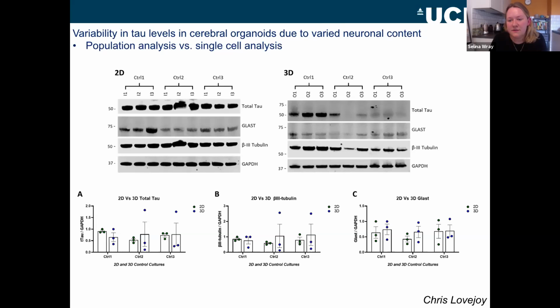And the reason for that is because in the organoids, they're really undergoing this permissive differentiation. So we're not giving them small molecule inhibitors in the same way that we do in 2D. And that leads to some variability in neuronal content, which when we're looking at the bulk population level, like we are on Western blot, has proved somewhat challenging for us.